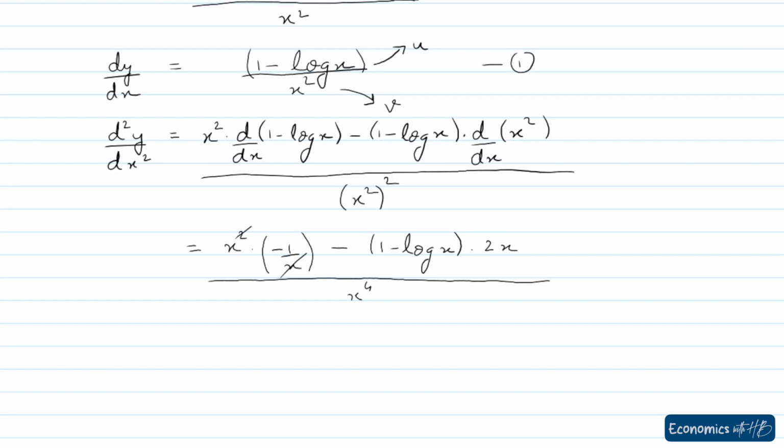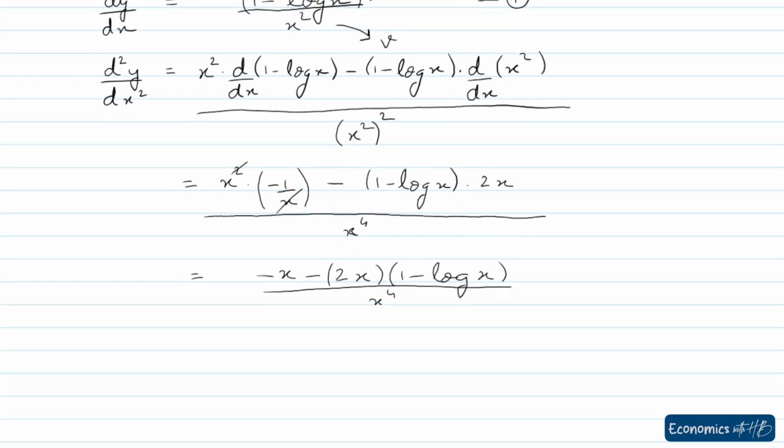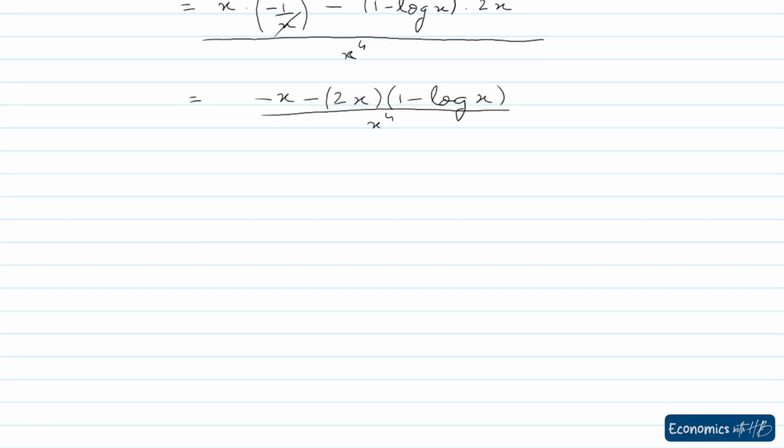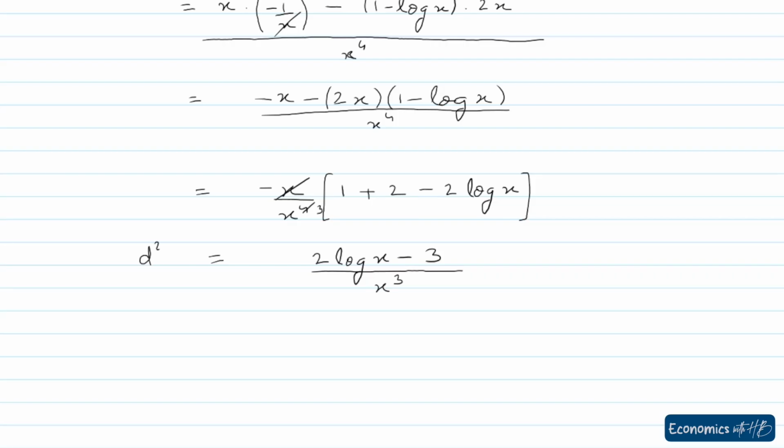We get minus x minus 2x into 1 minus log x over x to the power 4 is equal to minus x over x to the power 4, and we get inside 1 plus 2 minus 2 log x. So d2y by dx square is equal to 2 log x minus 3 over x cube.